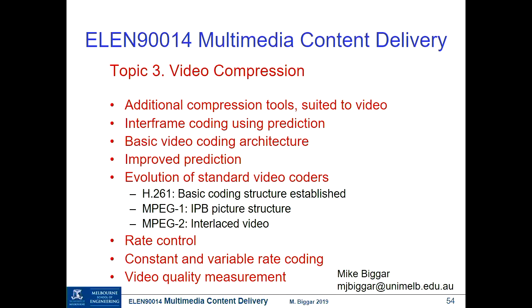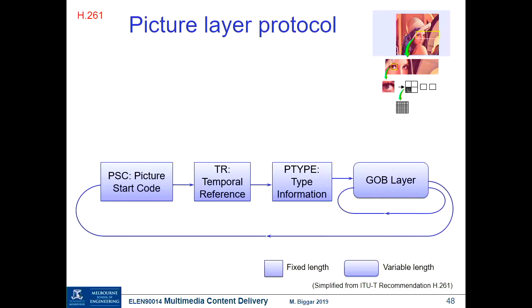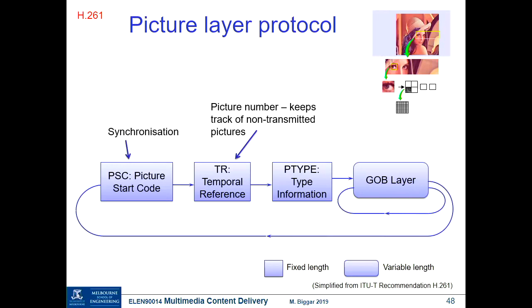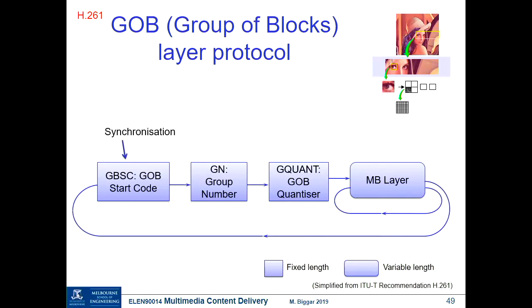So you remember where we were at the end of last week. I squeezed in a bit of a discussion about the H.261 coding structure, and I did this very quickly. I certainly don't want you to memorize this stuff. I just wanted you to understand the logic whereby we define where we're going to start a picture, and we have a special synchronization code, and then the information associated with the picture before we start describing the individual groups of blocks.